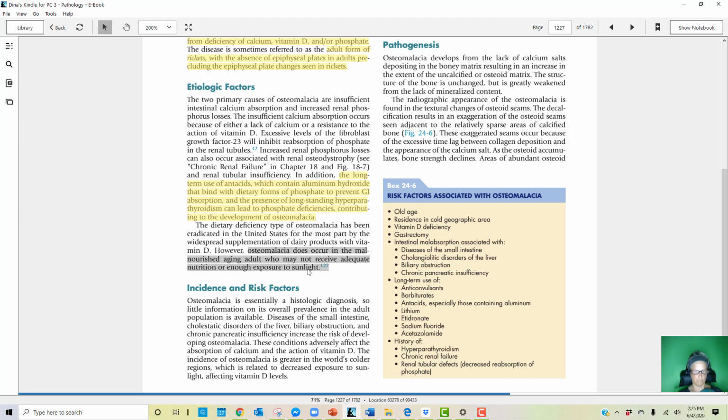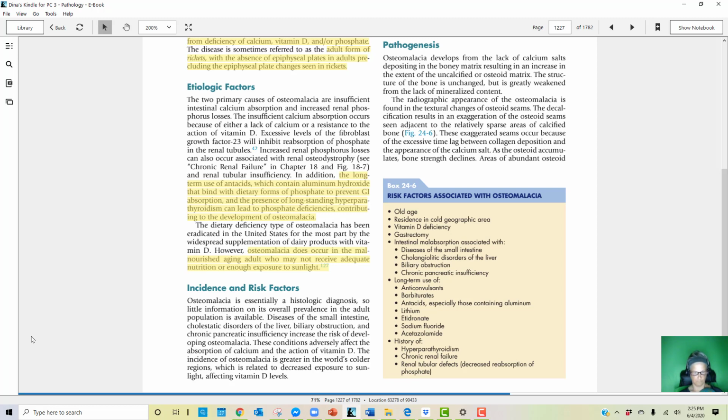Incidence and risk factors. Osteomalacia is essentially a histologic diagnosis, so little information on its overall prevalence in the adult population is available. Diseases of the small intestine, cholestatic disorders of the liver, biliary obstruction, and chronic pancreatic insufficiency increase the risk of developing osteomalacia.